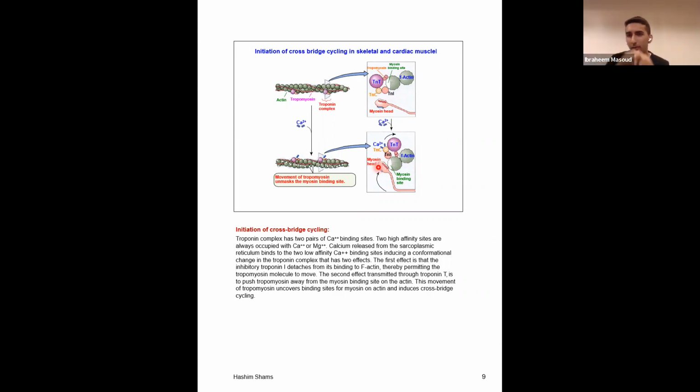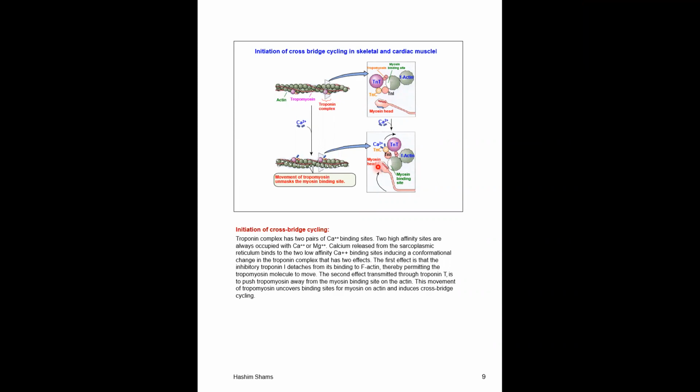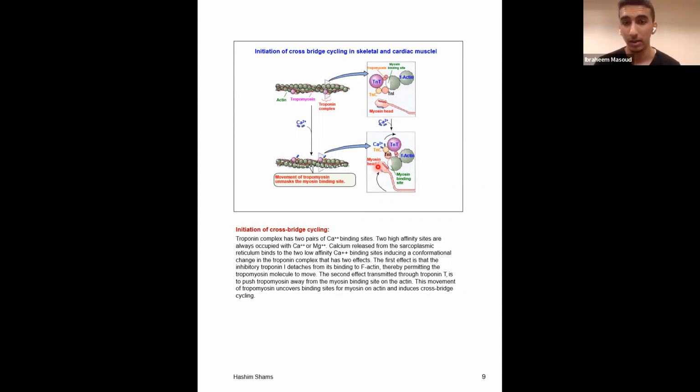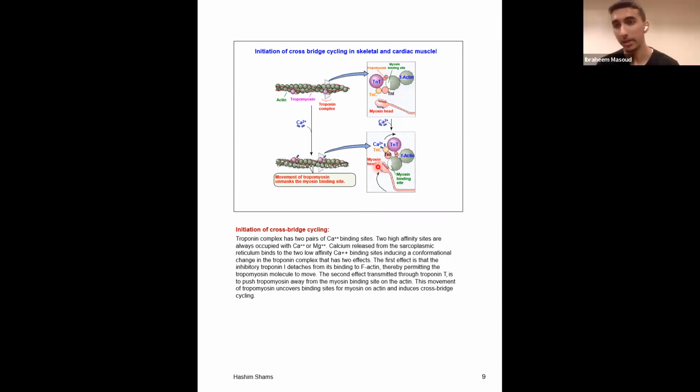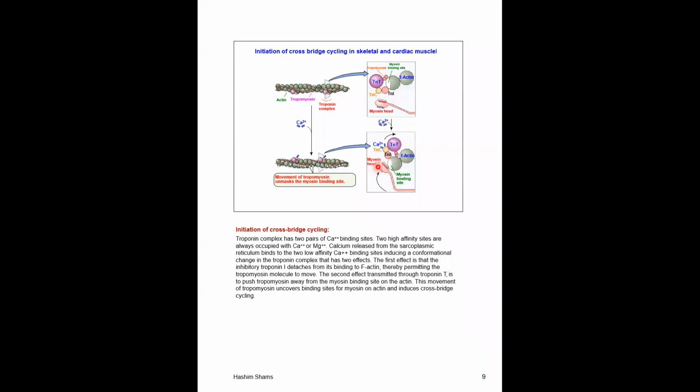See what happened? Contraction. Okay, but are the binding sites then open? The binding sites of what? The actin binding sites on the myosin. At the end of the day, what happens when calcium binds?